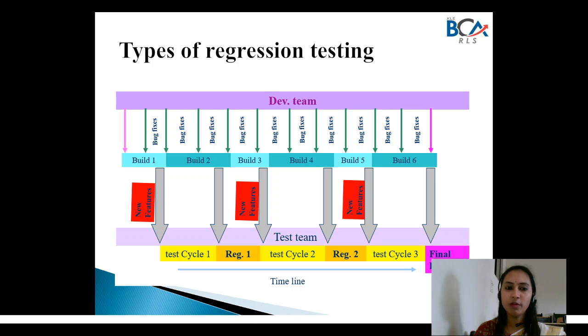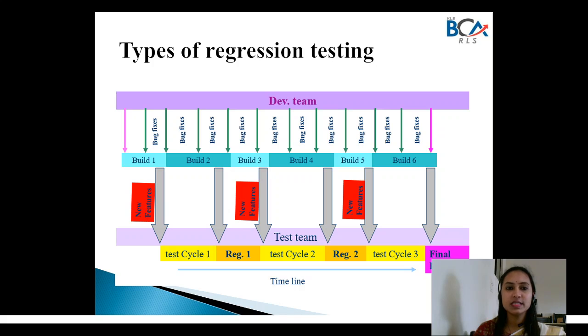Whenever you perform the regression test on the new feature, it will be your regular regression testing. You perform it cycle-wise. You can see there are 3 test cycles, and you have performed 2 regular regression tests and 1 final regression. Before giving the product to the customer, you have to perform final regression testing.